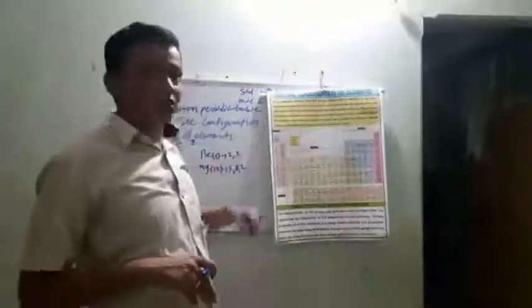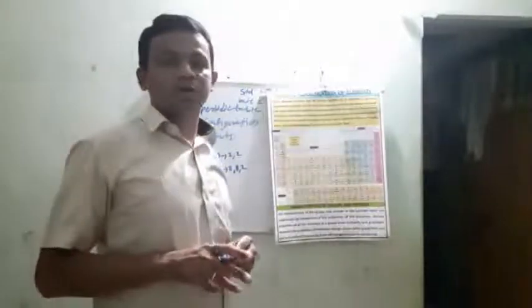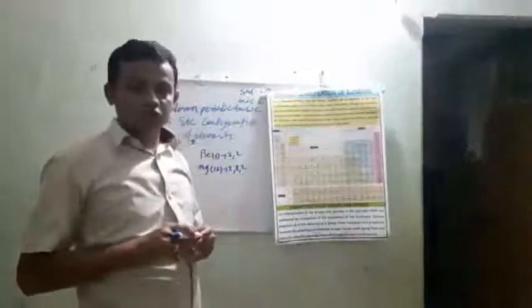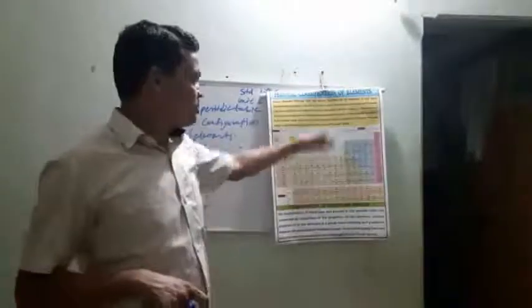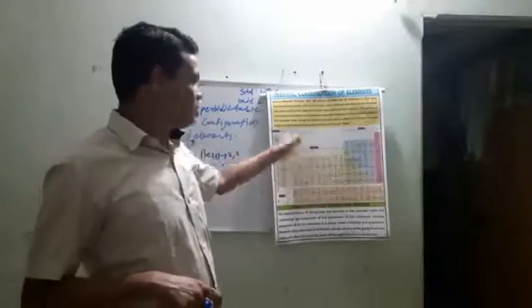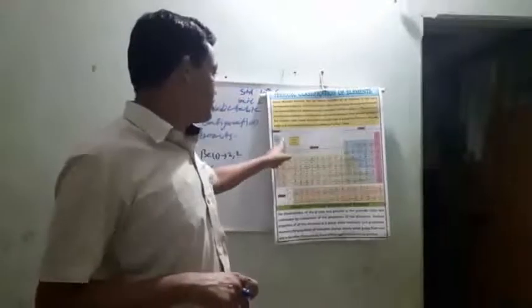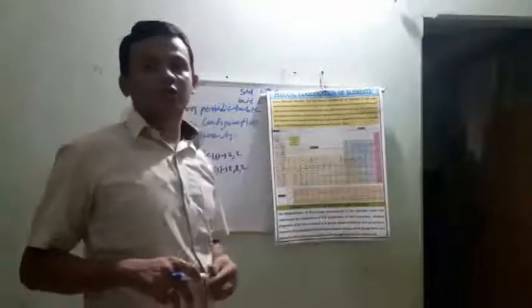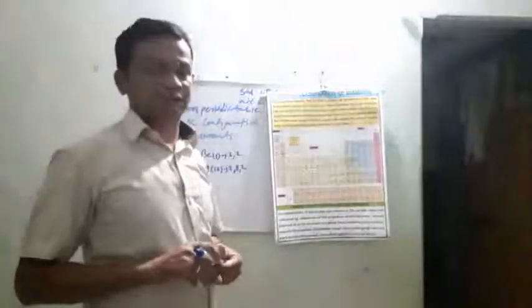Hence the number of the group is 2, because 2 valence electrons are present in the outermost shell of each element of group second. Similarly, in all groups these numbers are given according to their number of valence electrons.